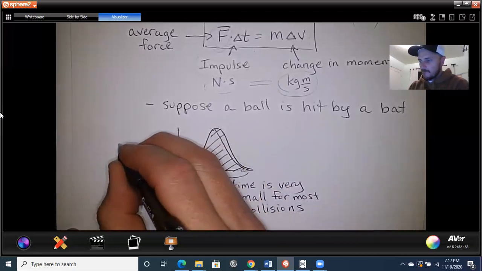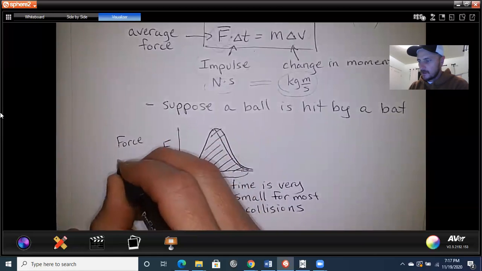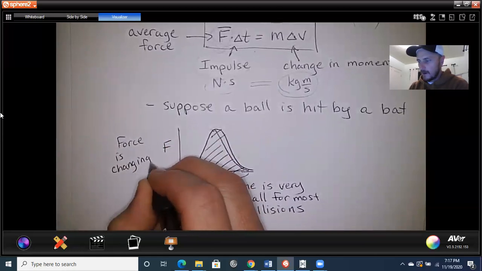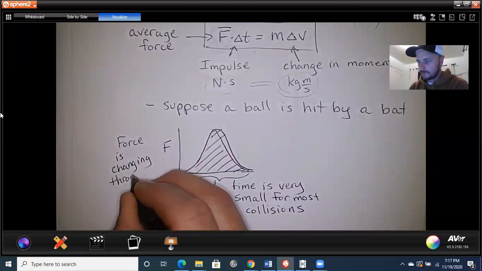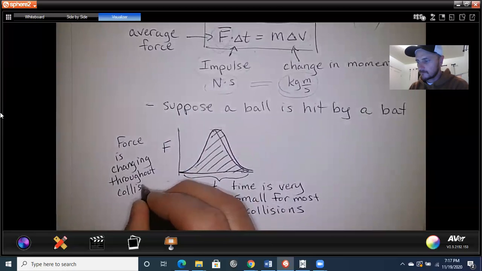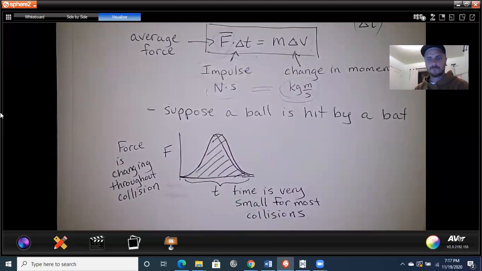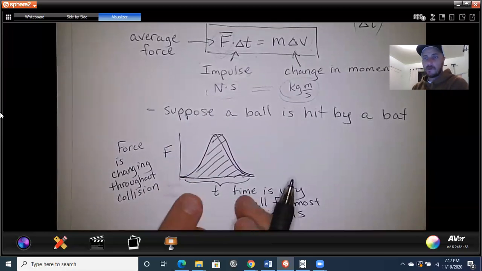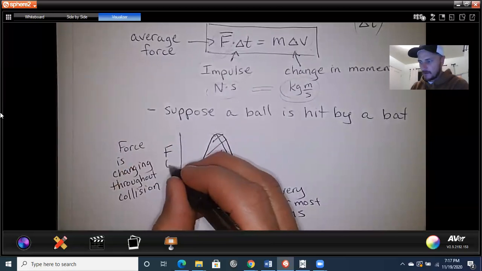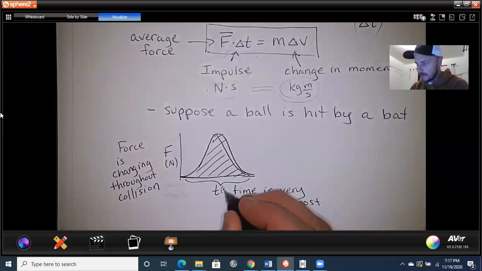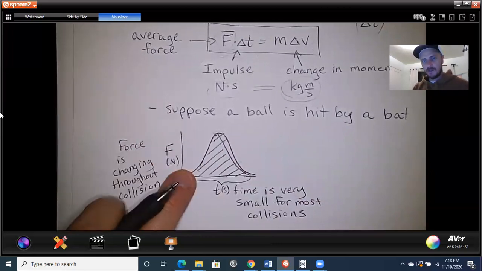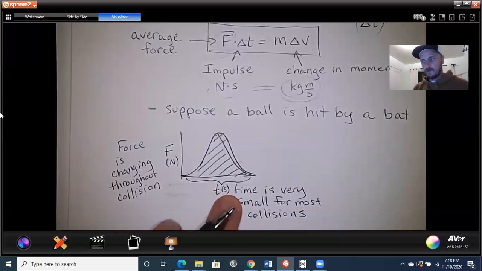And we want to say here, force is changing throughout collision. And this is how we would express those two ideas graphed against each other. And this is in newtons and this is in seconds right here. We will always want to label our axes with quantity and unit, quantity and unit.